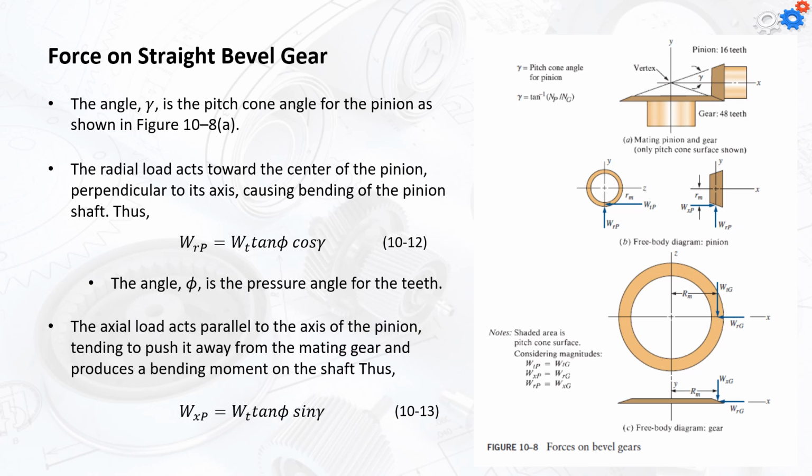The axial load acts parallel to the axis of the pinion, tending to push it away from the mating gear and producing a bending moment on the shaft. Thus, Wxp equals Wt, the tangential load, multiplied by the tangent of phi, multiplied by the sine of gamma.